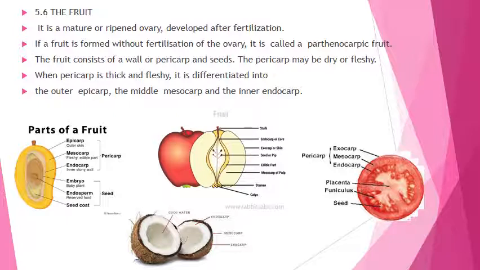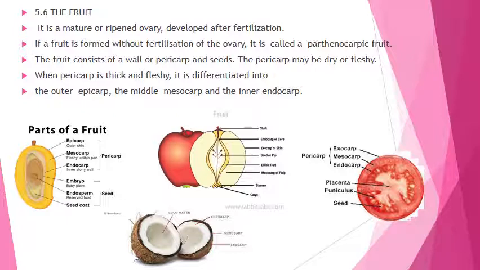The tomato is a fleshy one, so the pericarp consists of exocarp, mesocarp, and endocarp. All three are parts of the pericarp. Then the innermost is the placenta, then the funiculus, and then the seeds. The tomato, as such, we do not remove the pericarp.